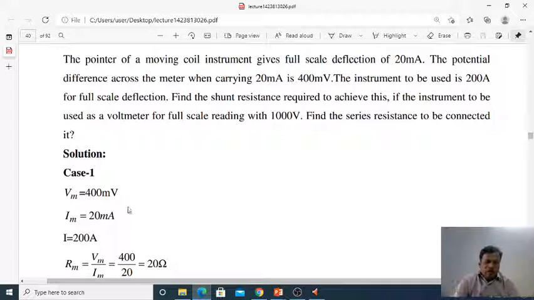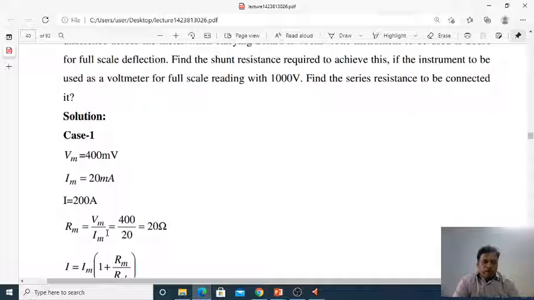From this, Rm is equal to Vm by Im. Rm is equal to 400 by 20, that is equal to 20 ohms. Therefore 20 ohms is the answer for Rm.